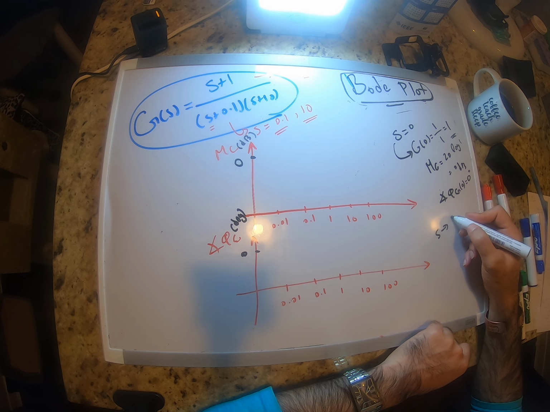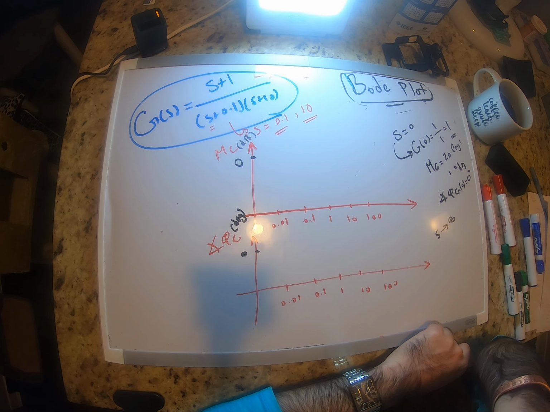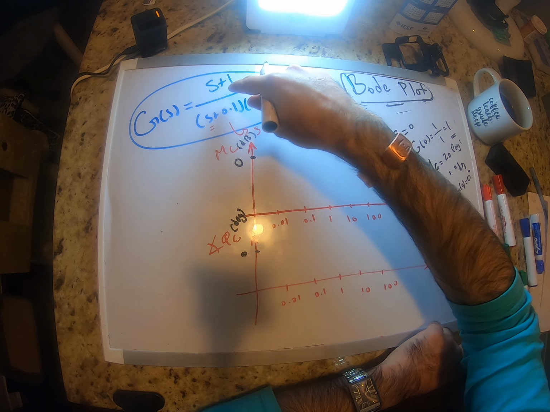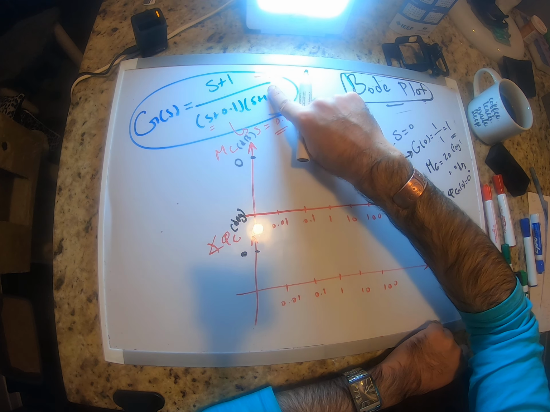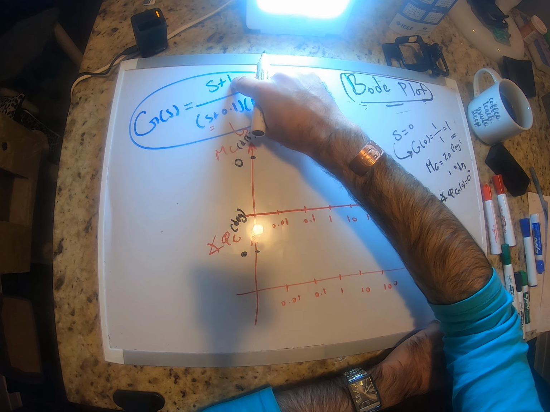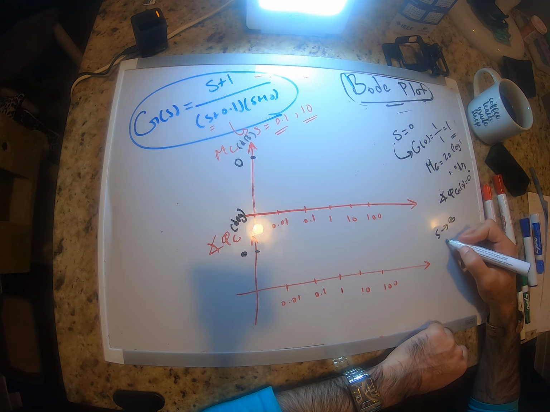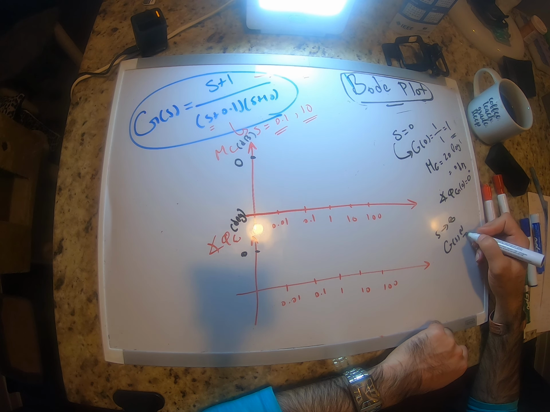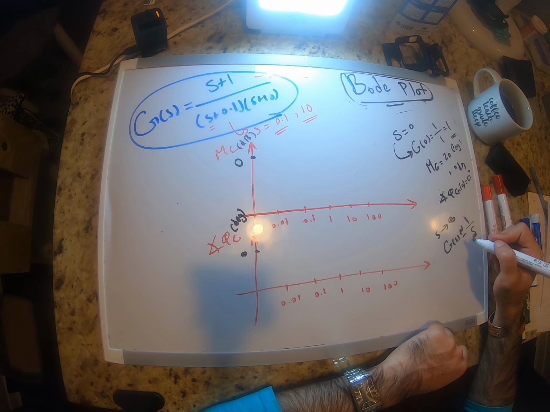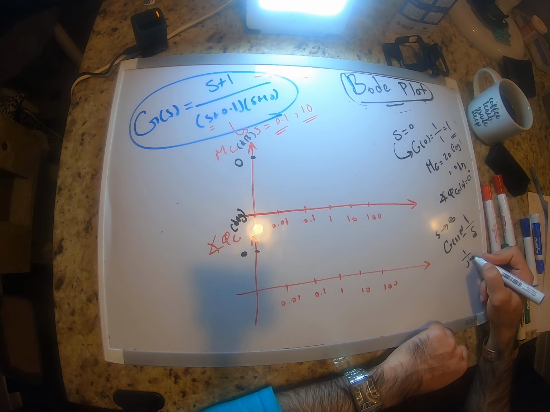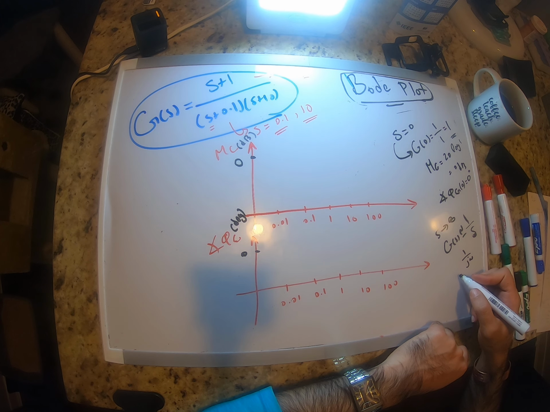As s goes to infinity, we can basically ignore all these numbers, right? Because s is going to be much bigger than 1, 0.1, and 10, so G of s is basically the same as 1 over s, or 1 over j omega.